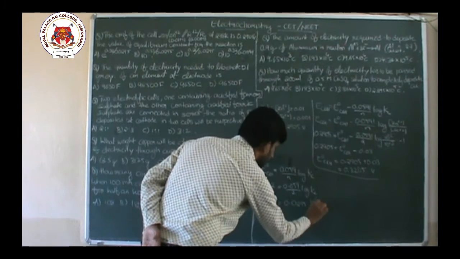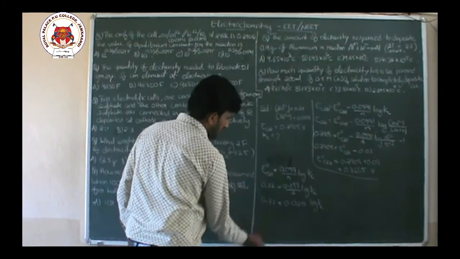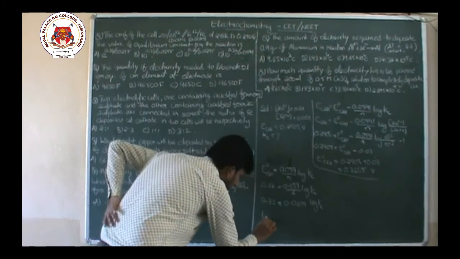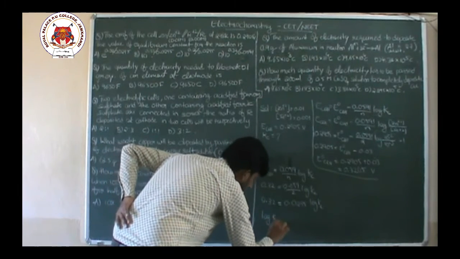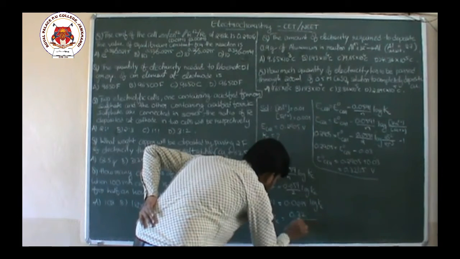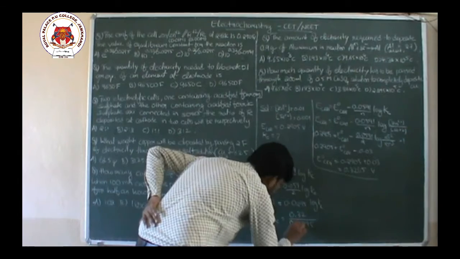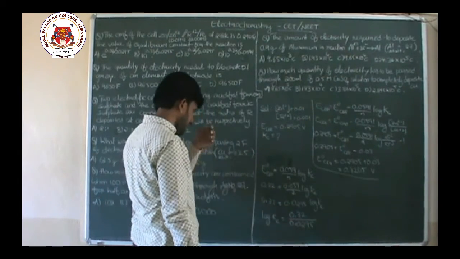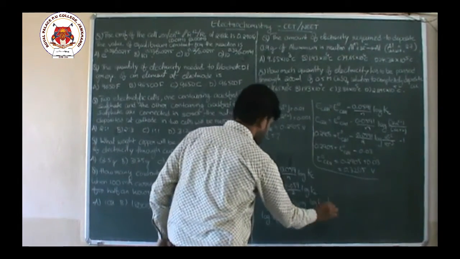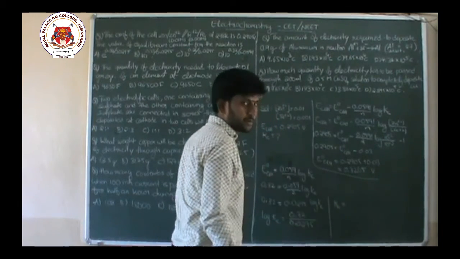So log Kc can be written as 0.32 divided by 0.0295. Then Kc should be equal to the antilog of this number.